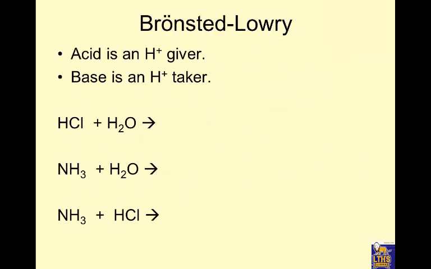There's another definition of acids and bases called the Bronsted-Lowry definition, and that's simply saying that acids are substances that give H plus. They're H plus givers. Bases are substances that are H plus takers. So if this is an acid, then it's going to give its H to that, and we're going to get H3O plus, because this HCl gave away its H plus, and then that turns into Cl minus.